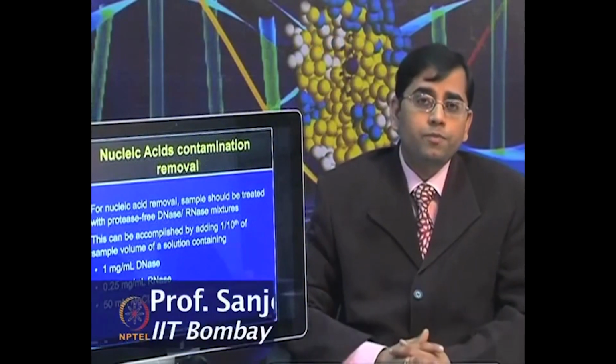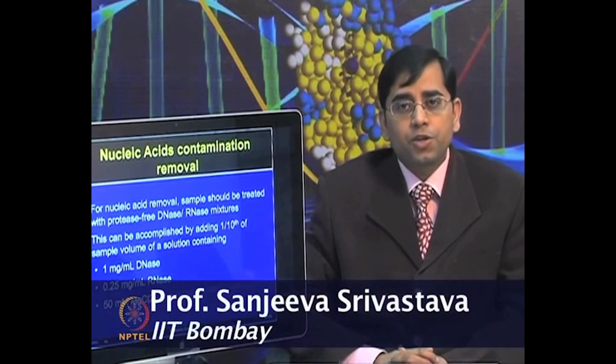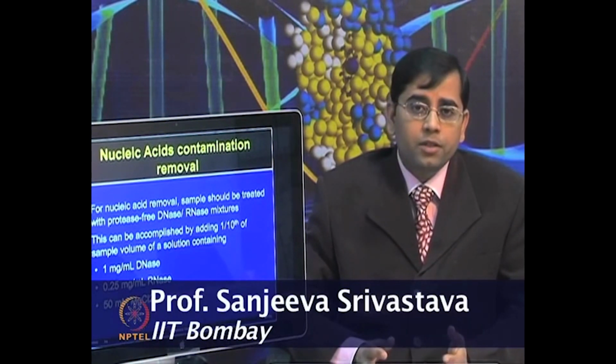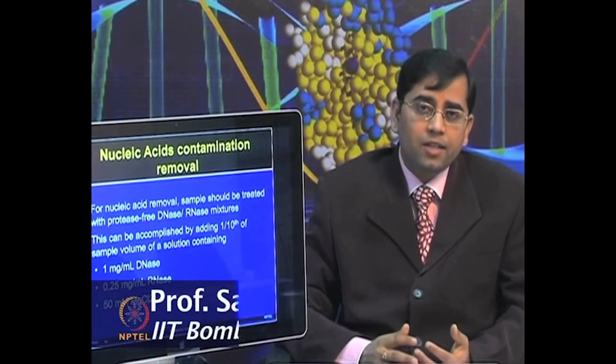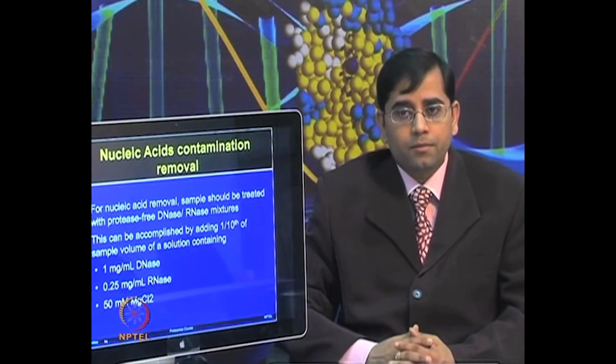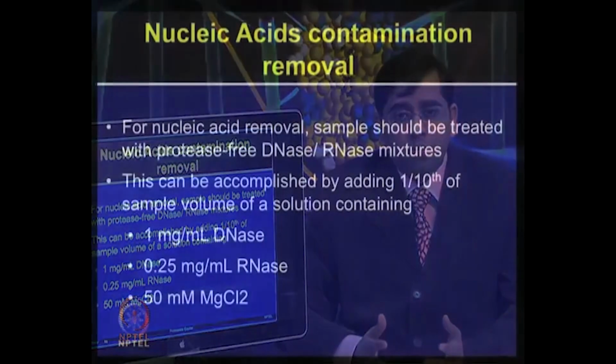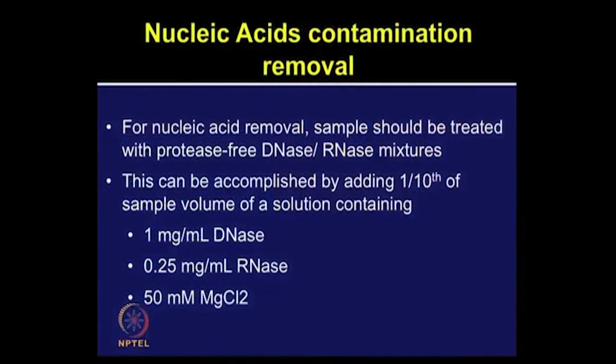So, how do we remove the nucleic acid contamination? To remove the nucleic acid contamination, your sample should be treated with protease free DNase or RNase mixtures, and you can accomplish this by addition of 1/10 of the sample volume of the solution containing 1 mg per ml of DNase, 0.25 milligram per ml of RNase and 50 millimolar of magnesium chloride.